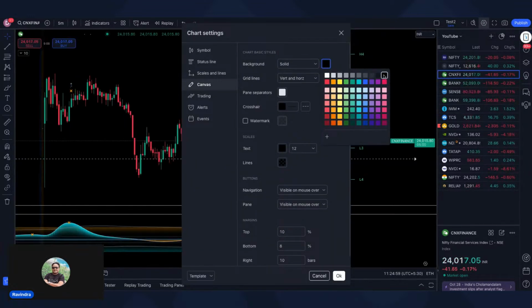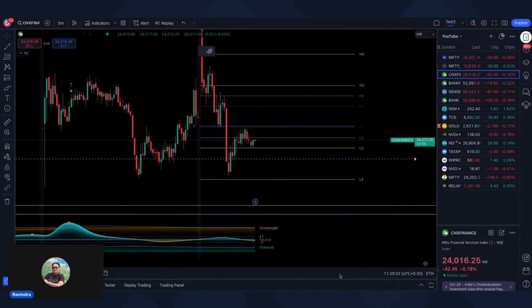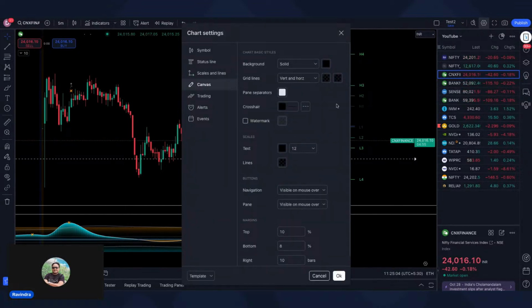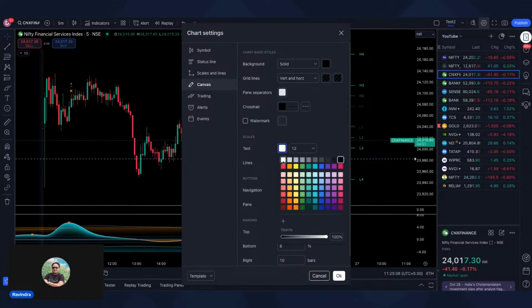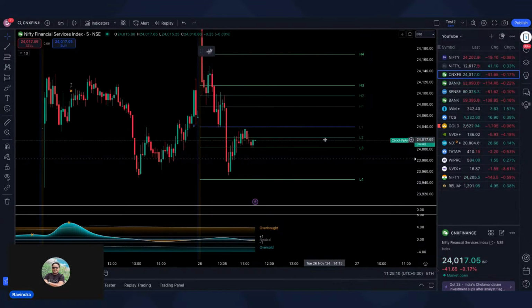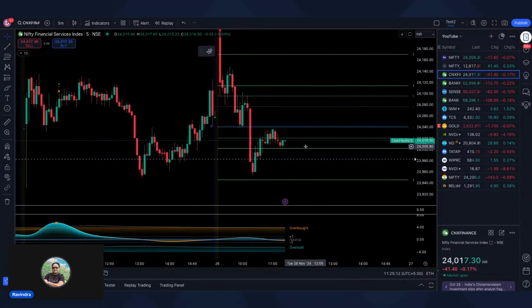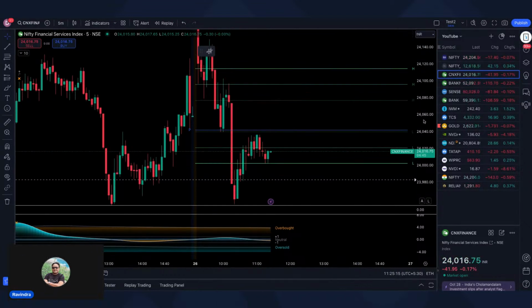I'll stay with black. Maybe I'll set this up a little later, not today. Okay, this is easy to read now. As I said, 24,000 is definitely a good, massive support, because there is heavy open interest.